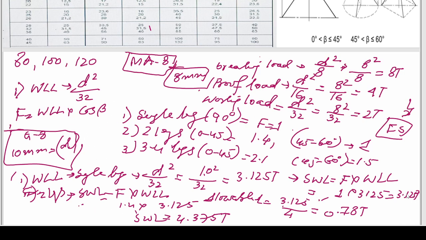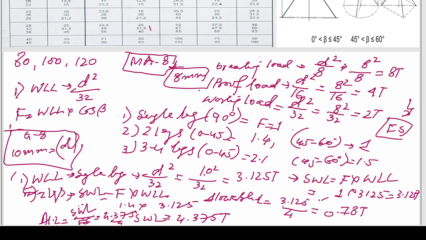But what is the allowable load? Allowable load is SWL divided by the factor of safety. That means 4.375 divided by 4.